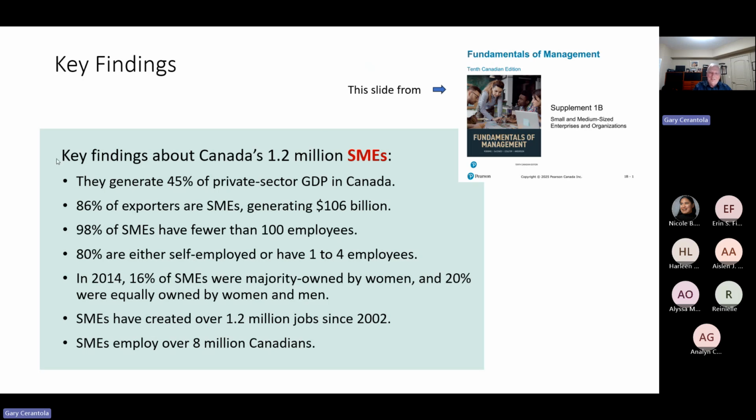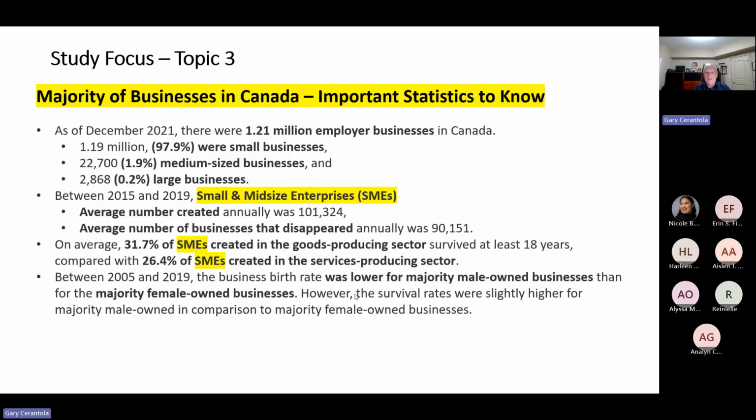But look at this. They generate 45% of the private sector gross domestic product in Canada. 86% of them are exporters. 98% of them have fewer than 100 employees. So really, we're a country of small business. That's really what makes our economy. They employ over 8 million Canadians. So you really need to understand that.